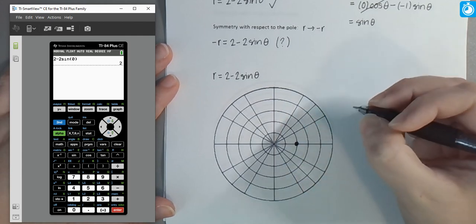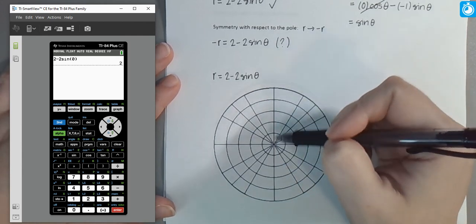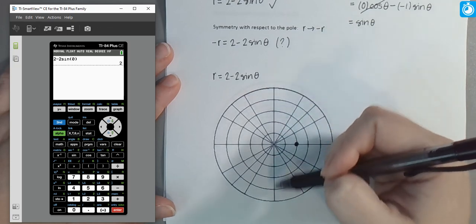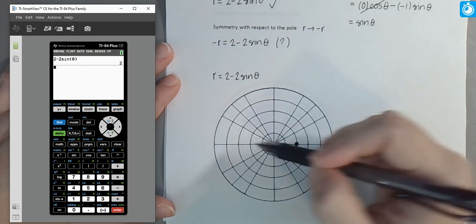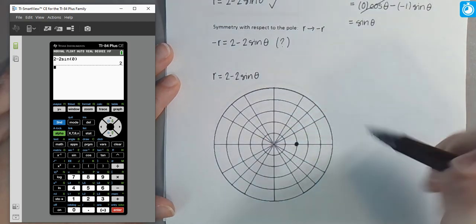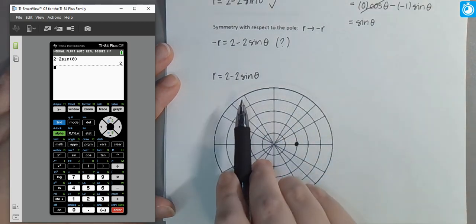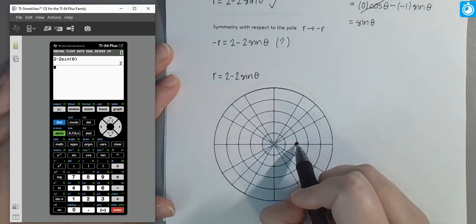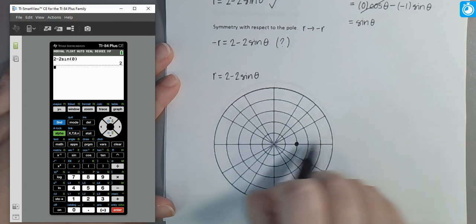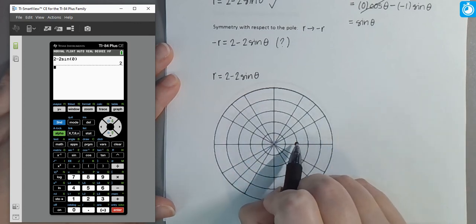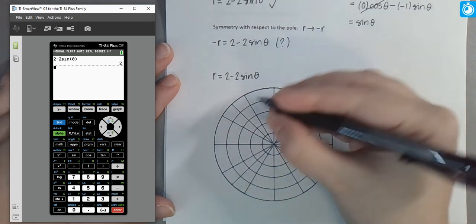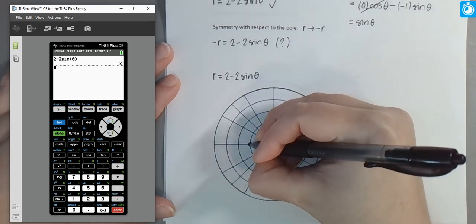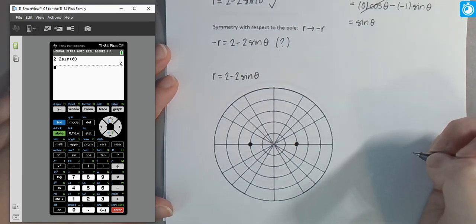Now, how does the symmetry apply? Remember, we have symmetry across this line. That means the whole line, both above and below the polar axis. Anything to the right is matched by a point to the left. So that means if we have this particular point on the second ring along the positive polar axis, we have to have a matching point on the second ring along the negative polar axis.